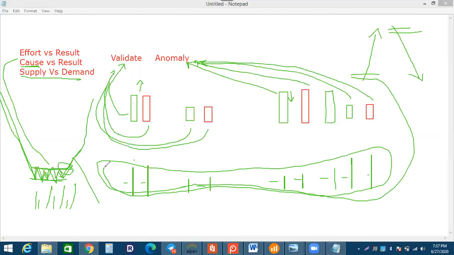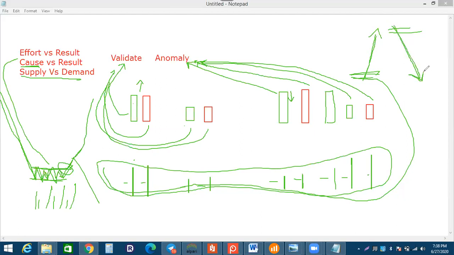Volume spread analysis gives us information about demand and supply, so the market is running on demand and supply. That is the main information we get from volume. If volume increases in the buyers' favor, demand is high and the market will go much higher. But if supply is increasing, the market will fall.